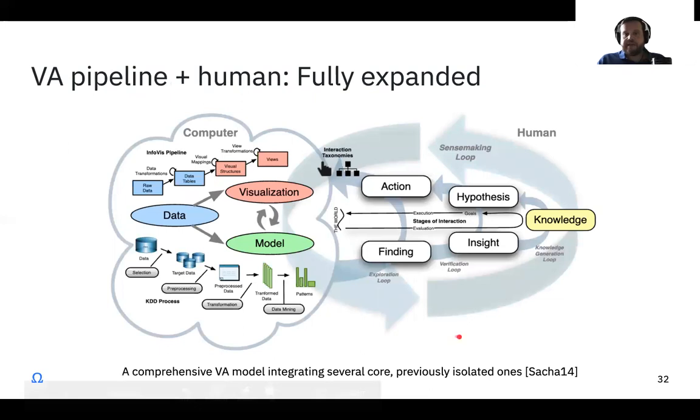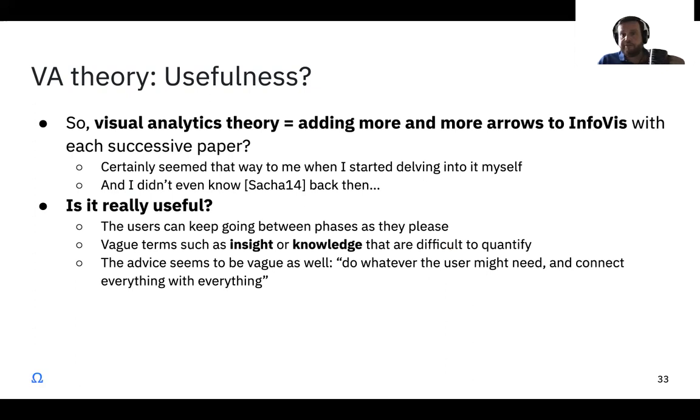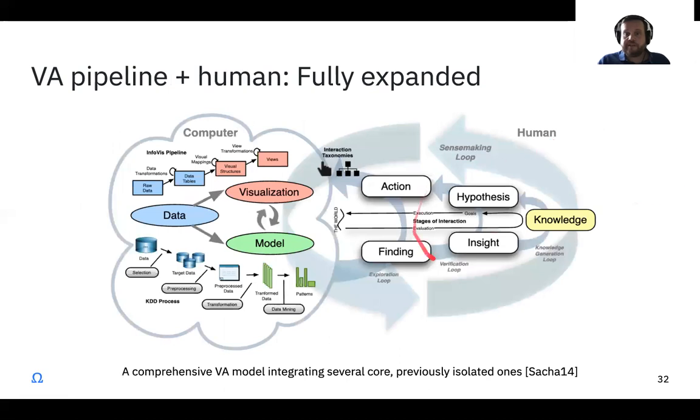Because this at a glance is super confusing, right? So that leads to a question: is it really useful? The users can keep going between phases as they please. There are super vague terms such as insight or knowledge that are very difficult to quantify. We have seen this especially here, that the differences between these are very foggy.